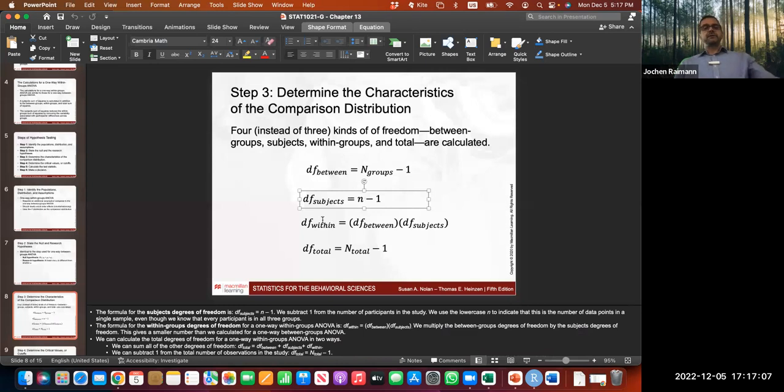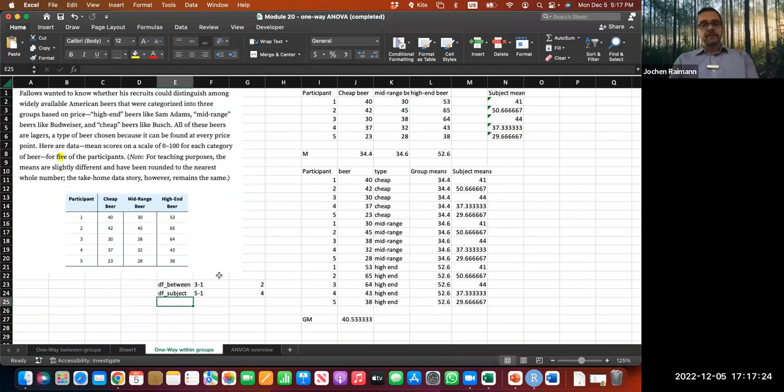Then we have degrees of freedom within. That's degrees of freedom between multiplied by degrees of freedom subjects. So df within is 4 multiplied by 2, which is 8.